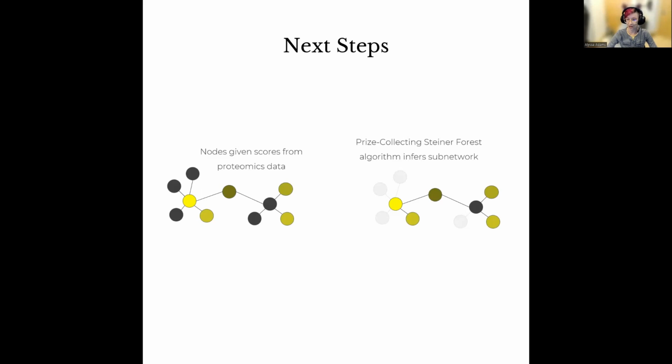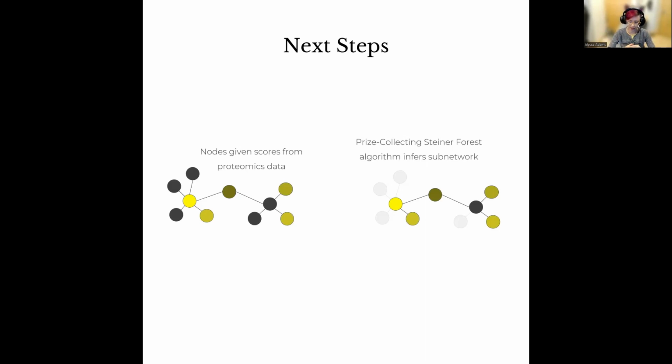Because these network measures rely so heavily on the network topology, it's really important that we get them right. So we're going to use a prize collecting Steiner forest method in order to get the correct subnetworks, at least the subnetworks that are the same throughout each network, because some networks might have a lot more nodes because they're just simply more well studied.